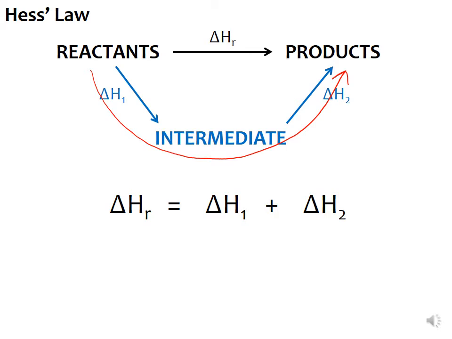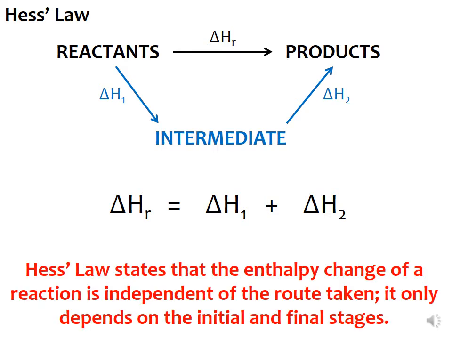Delta HR will be the same whether we do reactants to products directly and measure that, we would get the value delta HR. Or if we go round the long route, we are still going to get the same value, delta HR. And that's exactly what Hess's law is all about. Hess's law states that the enthalpy change of a chemical reaction is independent of the route taken. It only depends on the initial and final stages of the reaction.